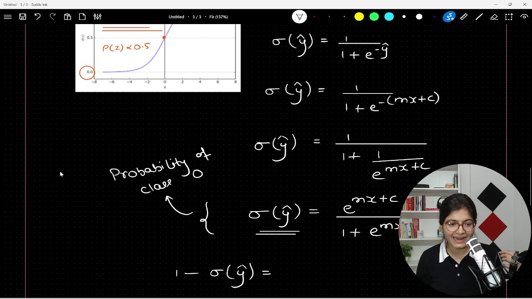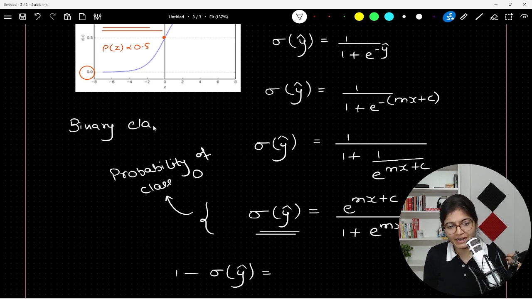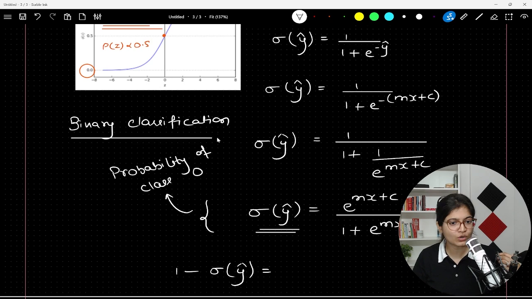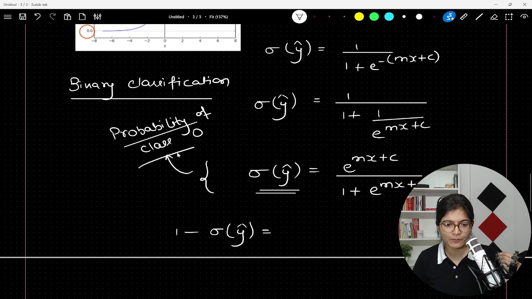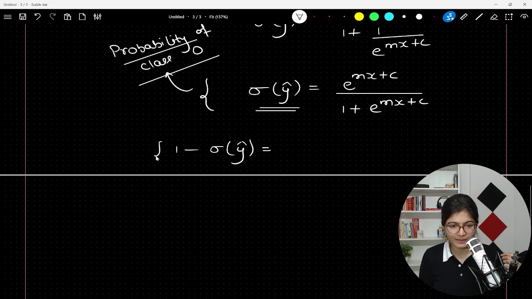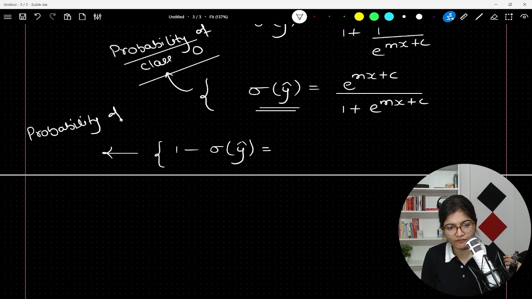And because we are dealing with binary classification, we will have two classes specifically. One is the probability of class 0, and the other is the probability of class 1, which equals 1 minus the above probability.